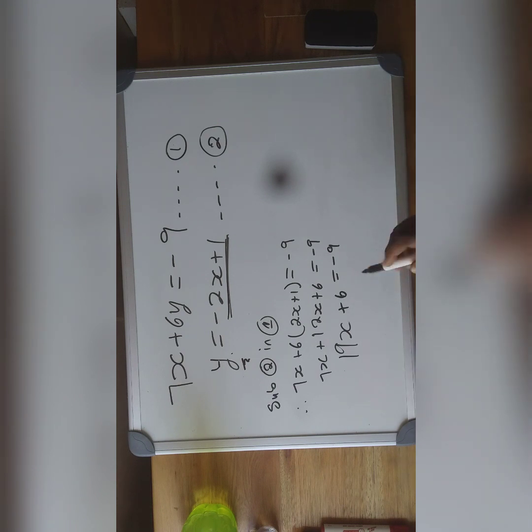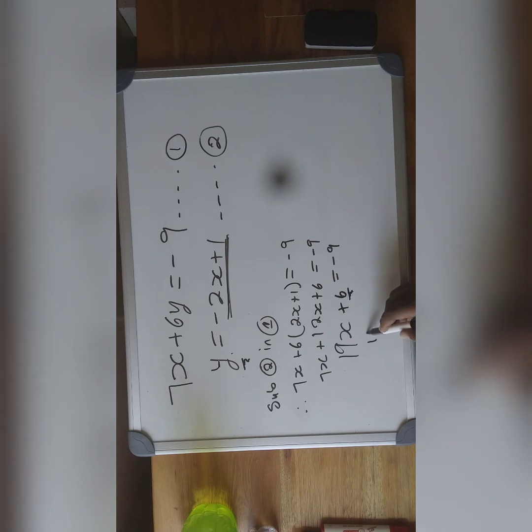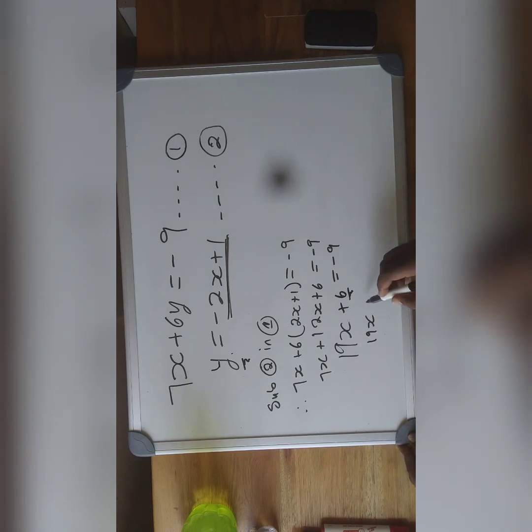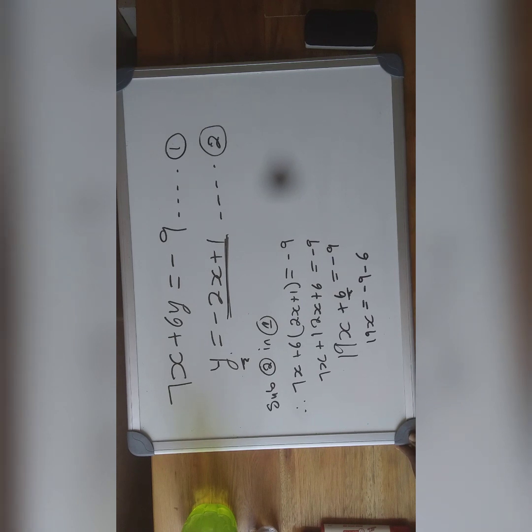So now we're just going to take this 6 to the other side, because they are like terms. Like terms, we have to group them together. So we're going to have -5x equals negative 9 minus 6.